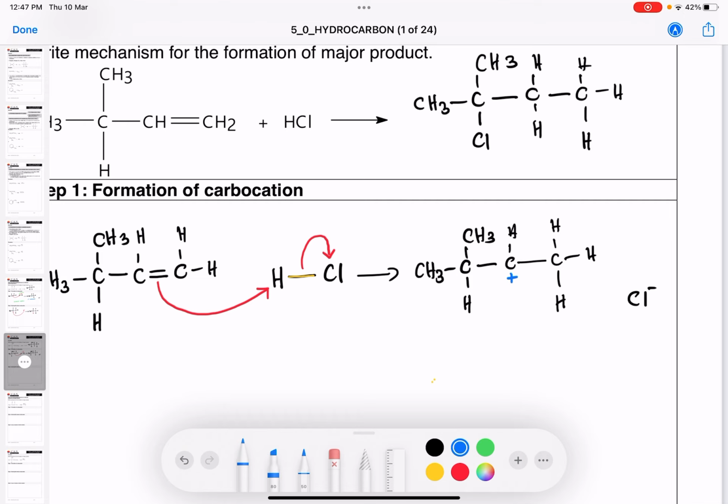So this side will become positive. Now, if we classify, this is a secondary carbocation. Like I always advise you in previous videos and in my teaching, whenever you get a carbocation, you have to stop first and look if you can make any rearrangement.